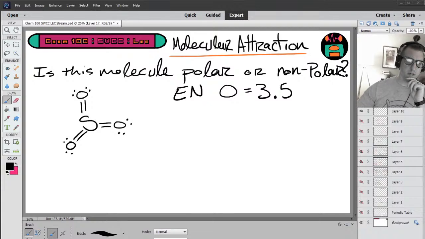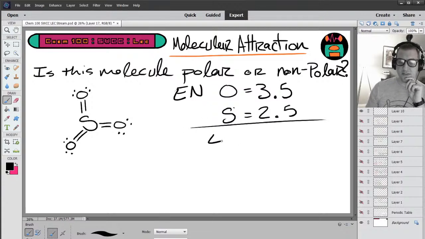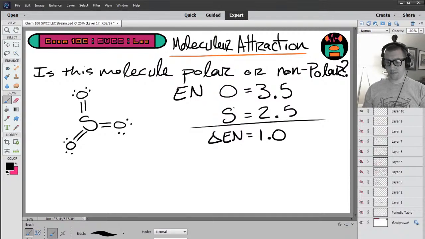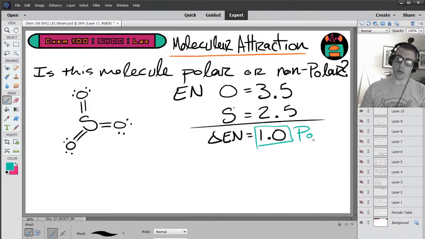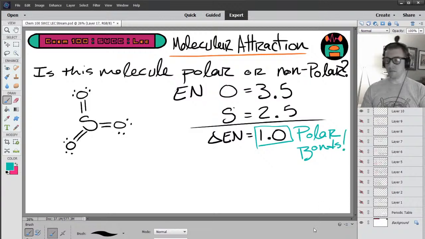Sulfur's is 2.5. So if we find the difference in electronegativity, it's going to be 1.0, which means we have polar bonds. Which is one of the two things we need.